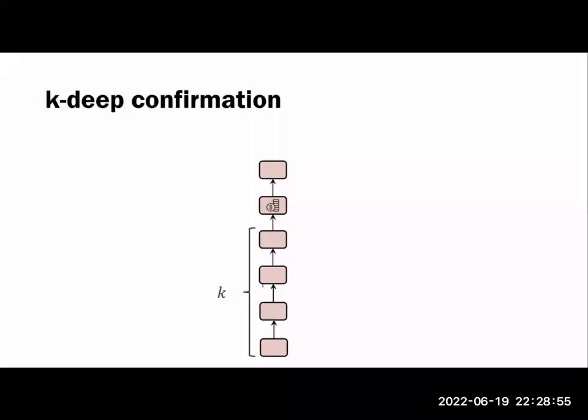Then you confirm the ledger up to this point. So the ledger is a prefix of the entire blockchain, the longest chain, chop off the last K blocks. So that's the ledger, and that's the confirmation rule, K-deep. And K is a parameter that can be chosen by the protocol.